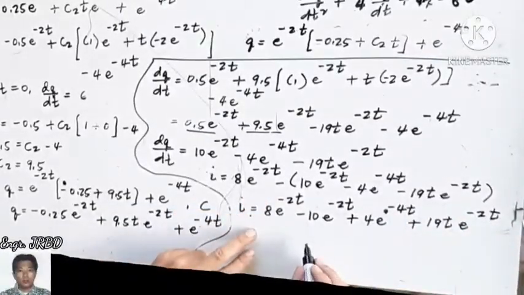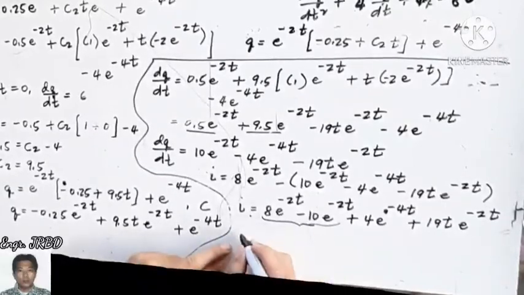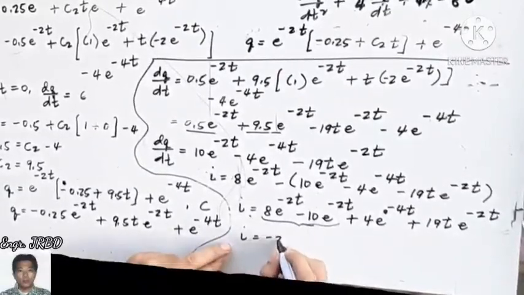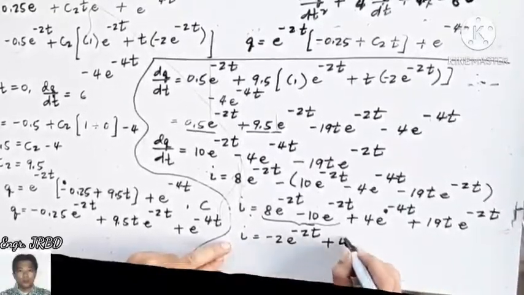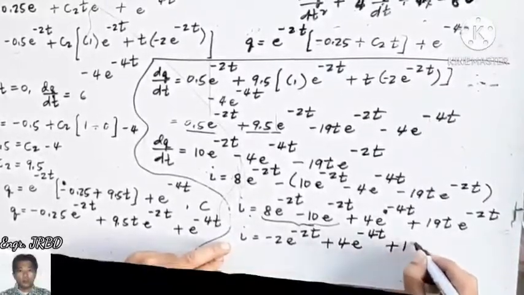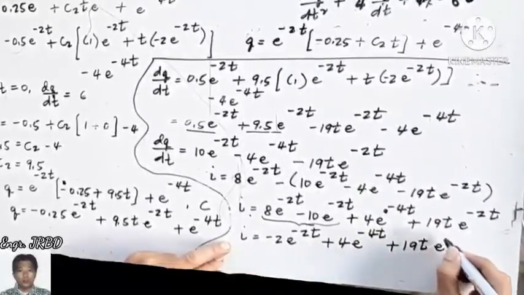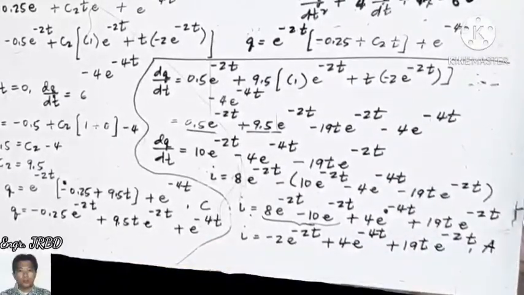If you combine similar terms, your final equation now is negative 2 e raised to negative 2t plus 4 e raised to negative 4t plus 19 times t e raised to negative 2t amperes.